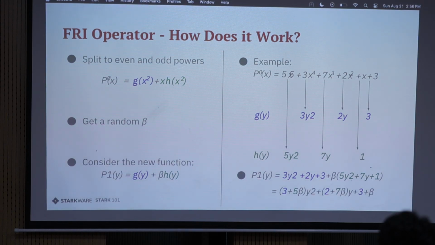If T of n is the time complexity for a degree n polynomial, this is equal to the time complexity of an n by 2 polynomial twice, because remember, we're calculating it for the odd and even polynomials, plus O of n to go back and calculate the values at the mth roots of unity.